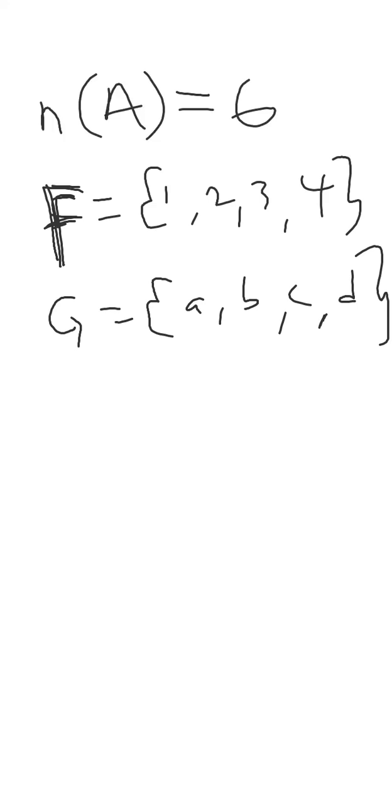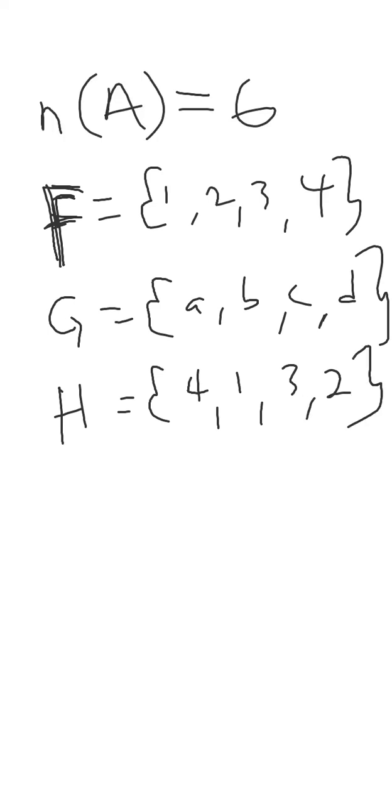Now, these are equivalent sets. They are not equal. Assuming I have another set H, let me say I have set H now. That gives me 4, 1, 3, 2. It doesn't matter the arrangement of the set, because that confused students. I deliberately set it this way. Set F and H are equal sets.